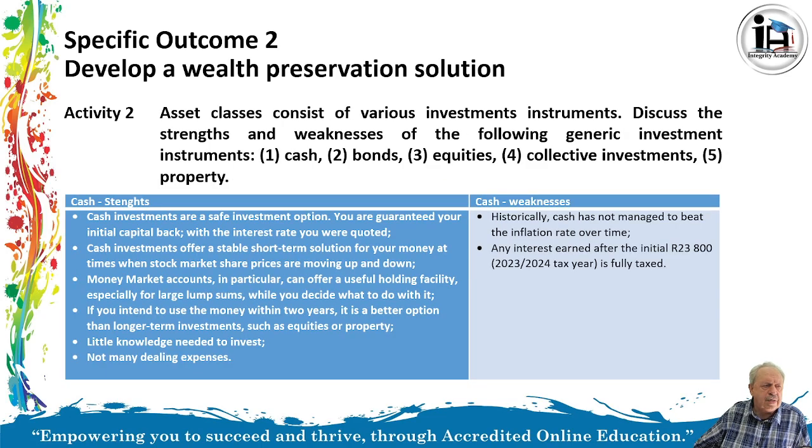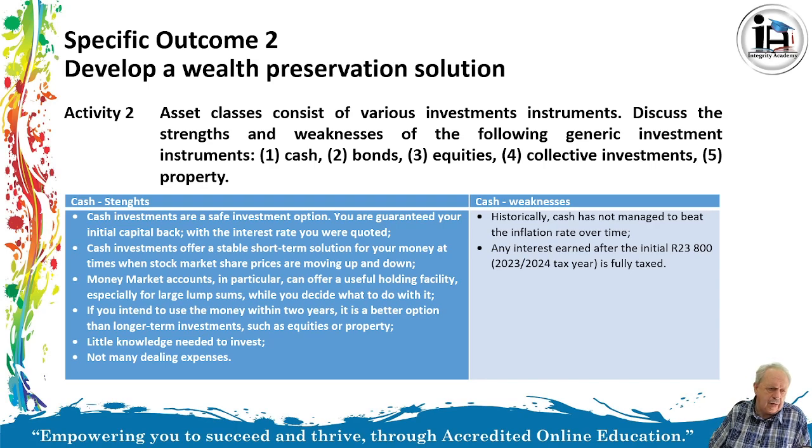Let's have a look at the various strengths and weaknesses of the following investments. If we look at cash, bonds, equities, collective investments, and property, we can see the strength of cash investments is a safe investment option.